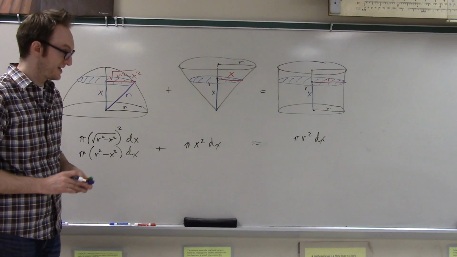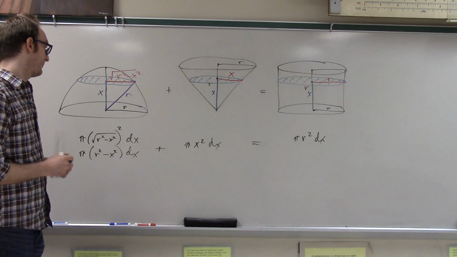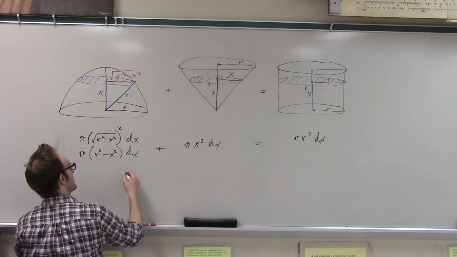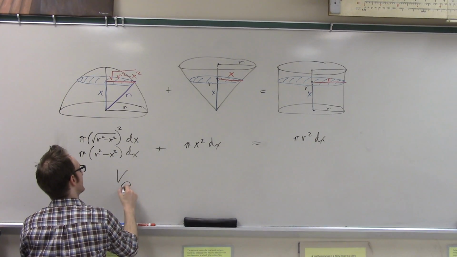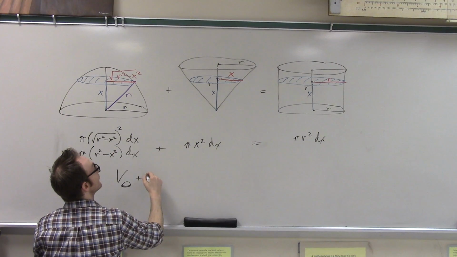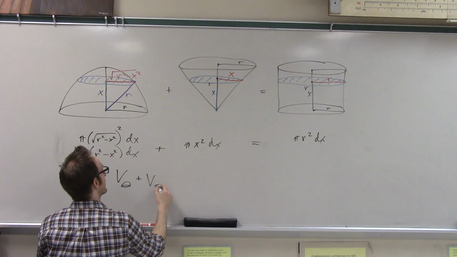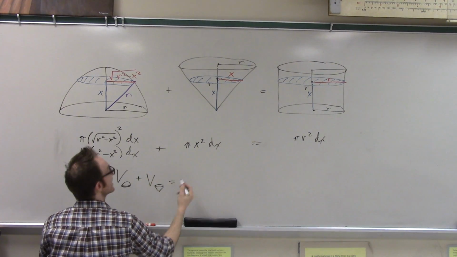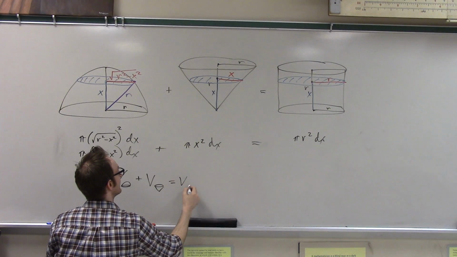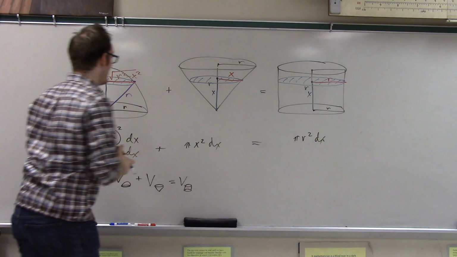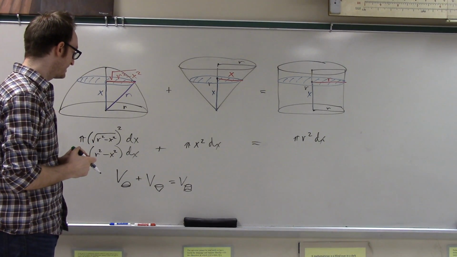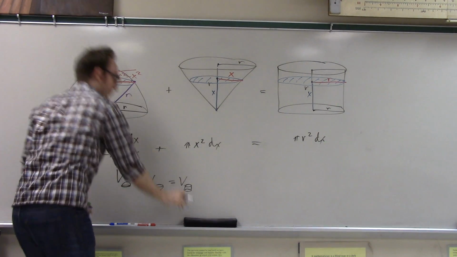This is pretty awesome. What we have just shown is that the volume of the hemisphere plus the volume of the corresponding cone equals the volume of this particular cylinder. What is the volume of this cone in total?